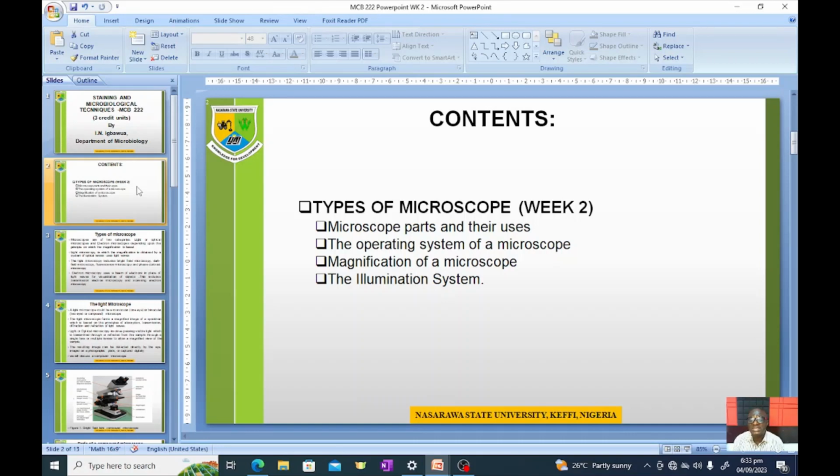Then the operating system of a microscope. We will also look at the magnification and the illumination system of a microscope.